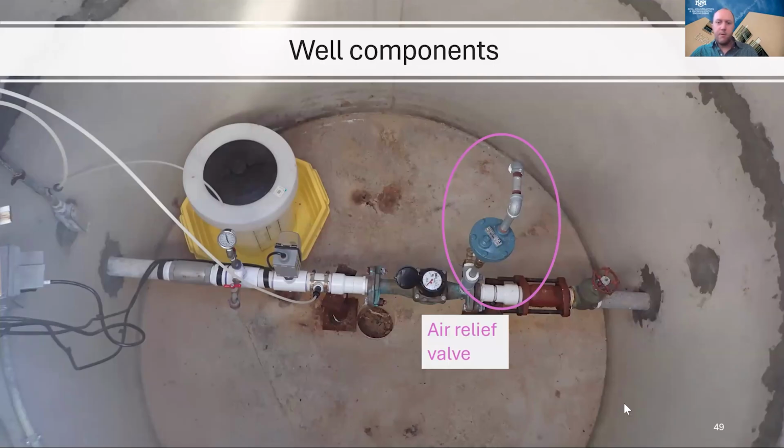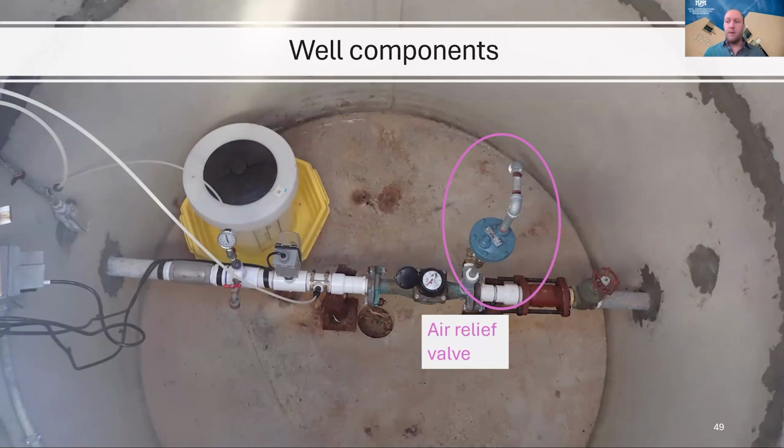The next component we'll talk about is this air relief valve. In this example, this is a bit similar to the one I talked about earlier on that other well, but this only allows air to release from the system. It doesn't allow air to get sucked into this pipe. And these are important because all wells and distribution systems need to breathe, because there's always dissolved gases, dissolved oxygen in the water.